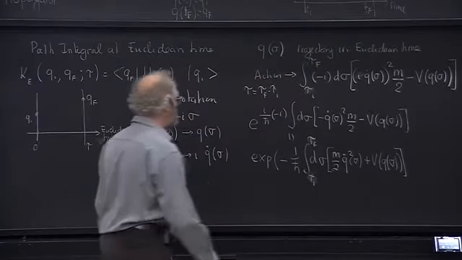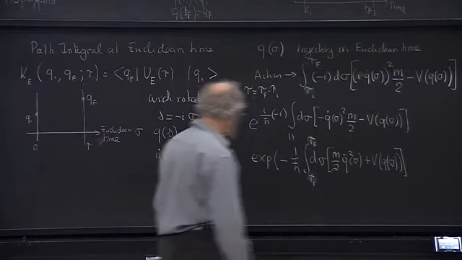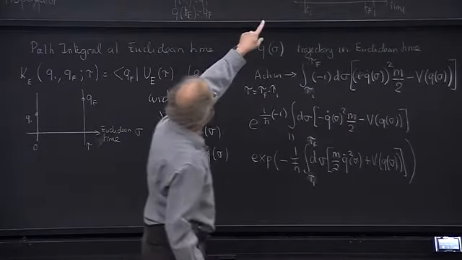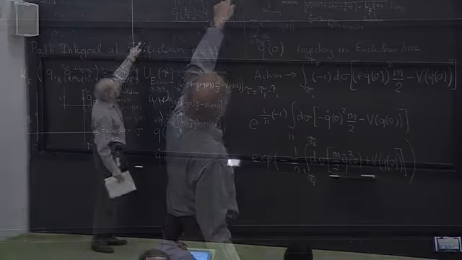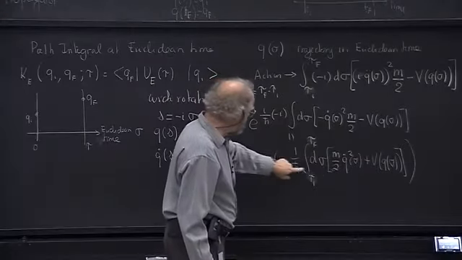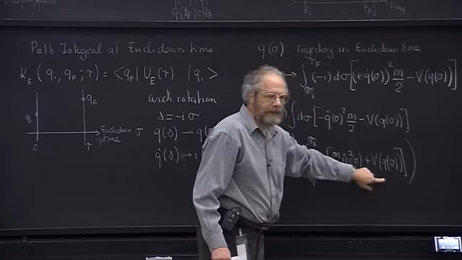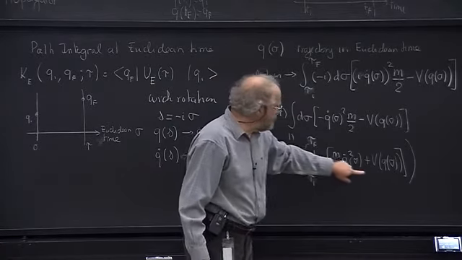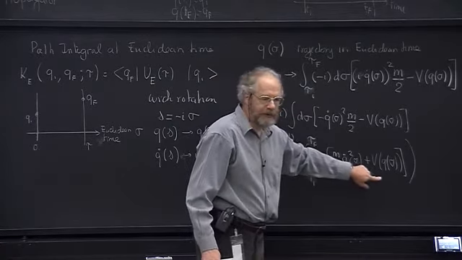Okay. So you see that by this naive Wick rotation, the phase exponential i over h bar times the classical action becomes the exponential of minus something which is bounded from below. It looks like an energy. It's a kinetic energy plus a potential energy. But that's for a trajectory that evolves in Euclidean time.